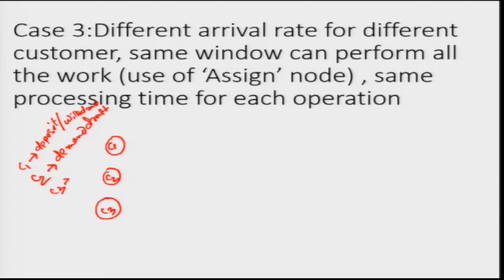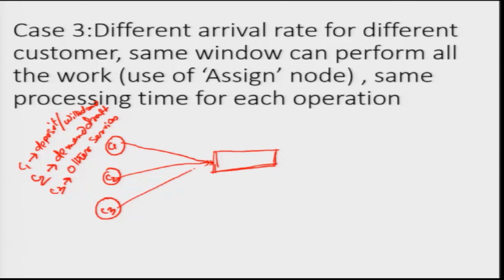And C3 is for the customers who require other services. We follow the previous convention, and only one window can serve all three operations. So we have one process, the window, where all three kinds of customers can reach and get served.